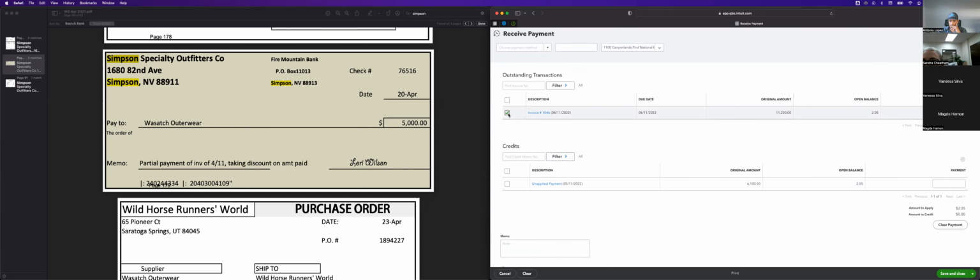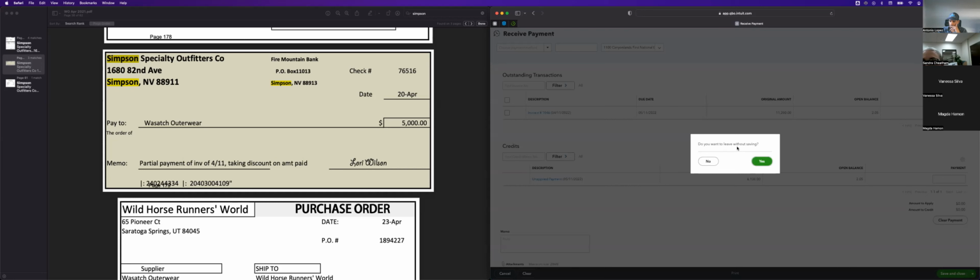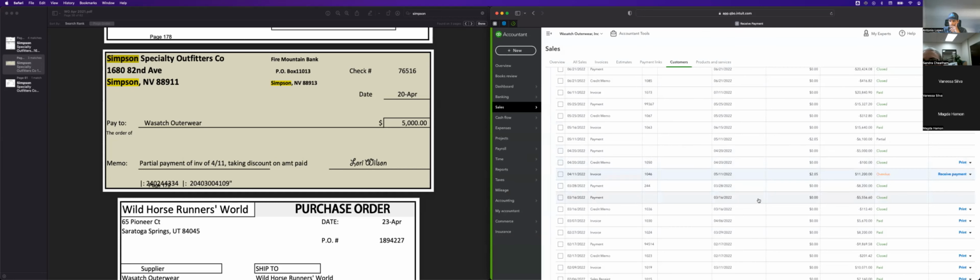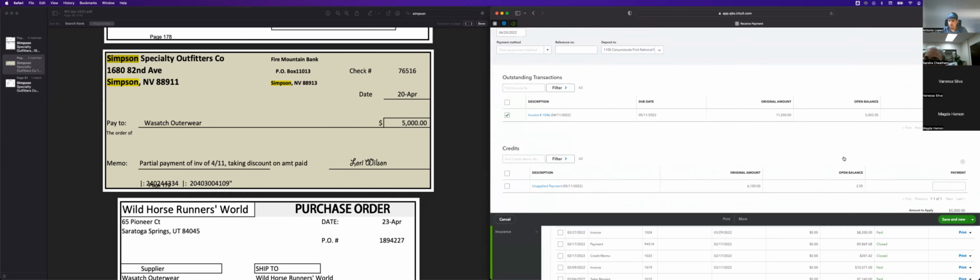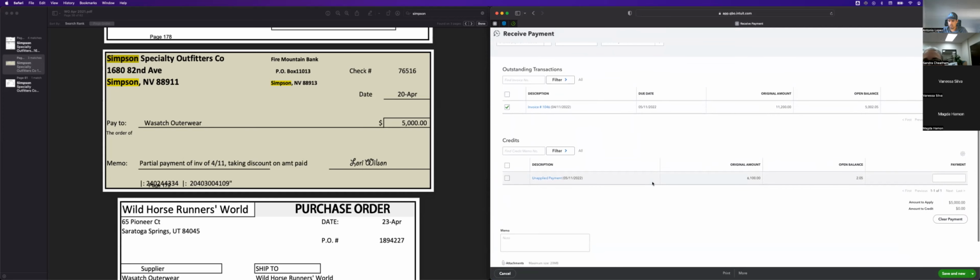Applied payment. This paid on this amount. Open balance.